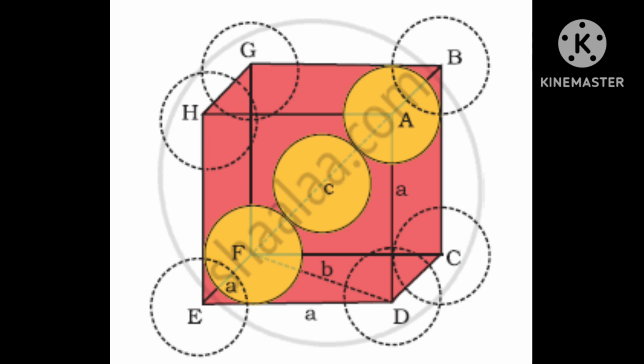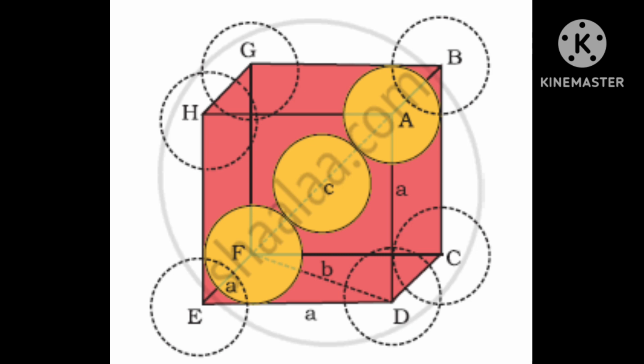Here P square means side a square, and B means base. The base you have already calculated as under root 2 a.